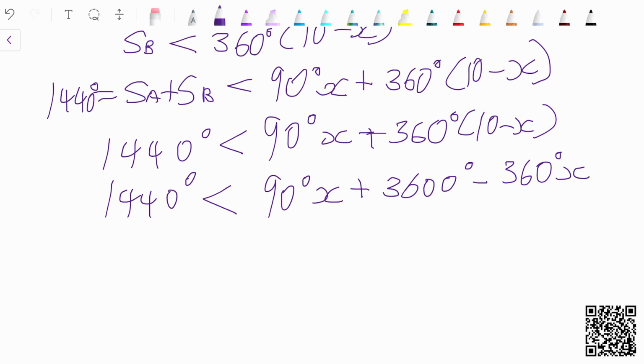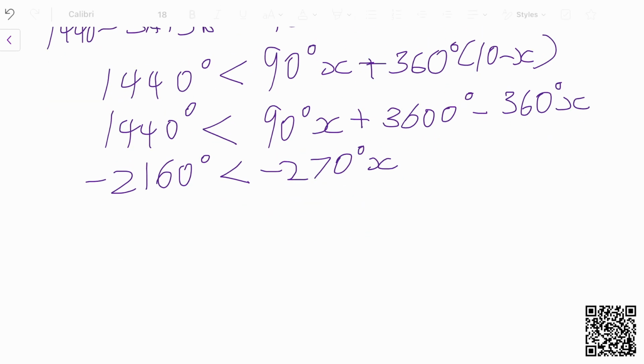We're going to combine the 90x and the negative 360x right now. And we're going to scoot the 3600 to the other side to get negative 2160 degrees is less than negative 270 degrees x.